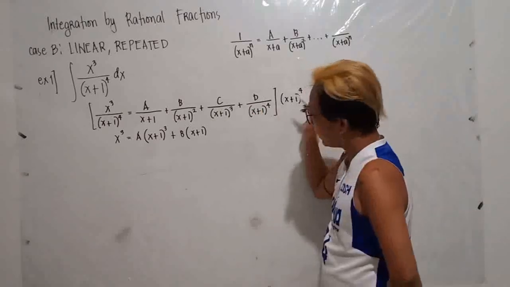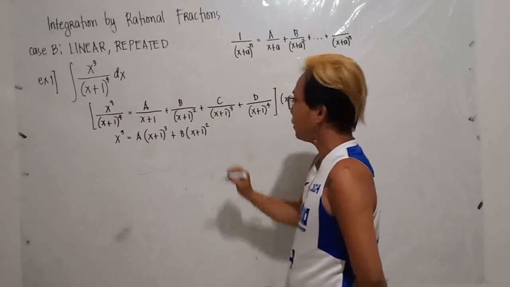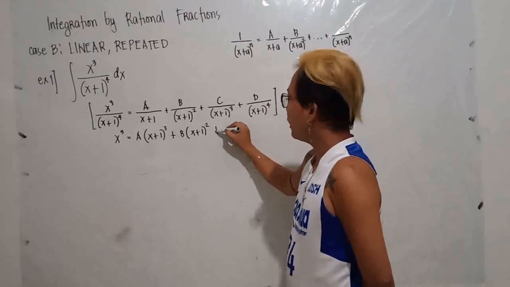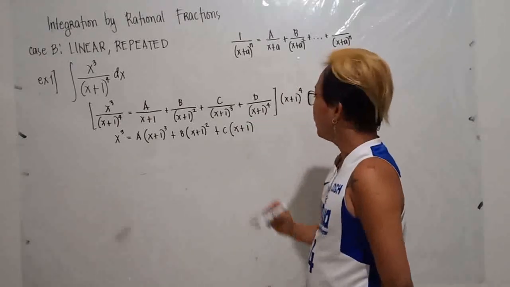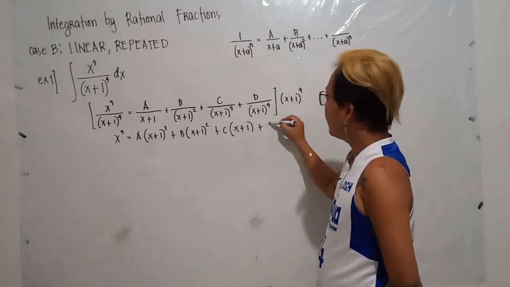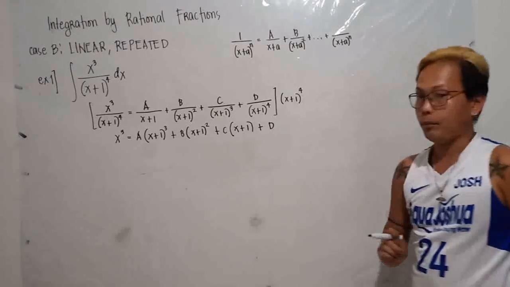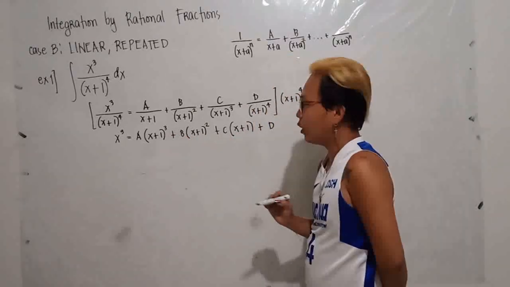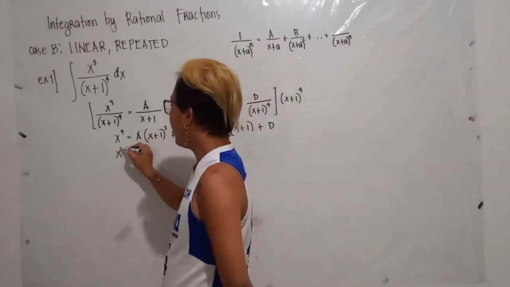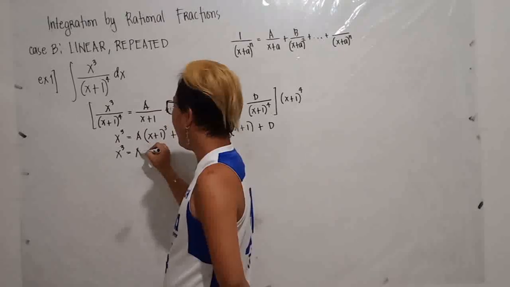Cancel yung dalawang x plus 1. So, matitira is x plus 1 squared. Then, next is C multiplied to x plus 1. Then, the last is plus D. So, you need to simplify first yung mga equation. So, you will now have x cubed equals A.